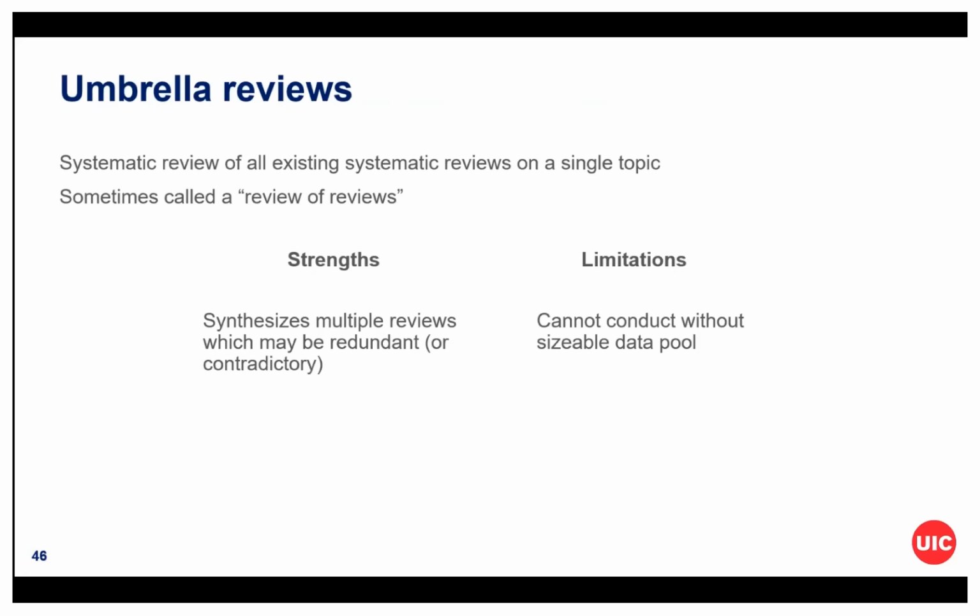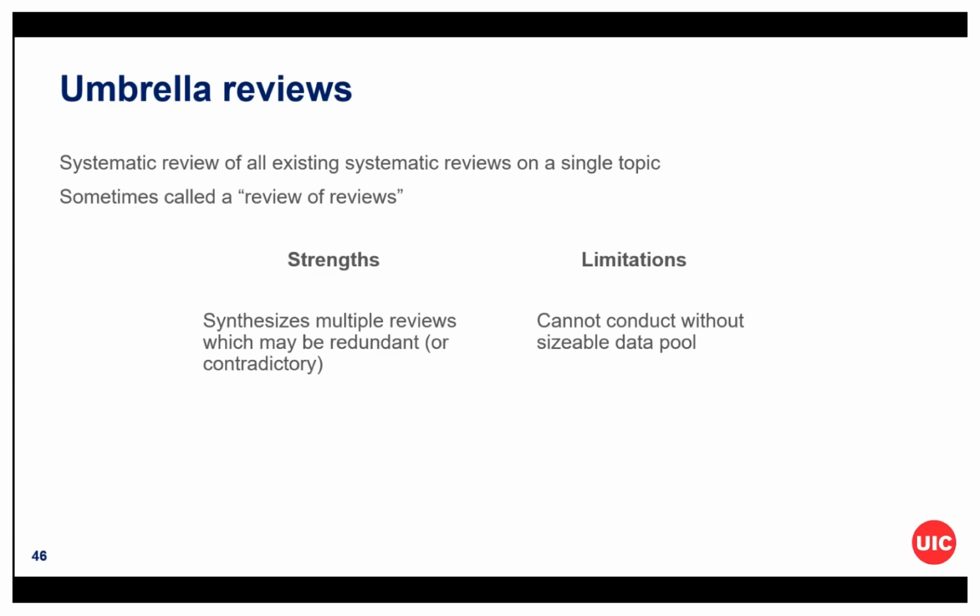And then the last one I'll review is the umbrella review. This is sometimes called a review of reviews. Usually you're synthesizing and combining relevant data from existing systematic reviews or meta-analyses to make better decisions, or provide evidence when there are too many systematic reviews to keep up with for interventions.